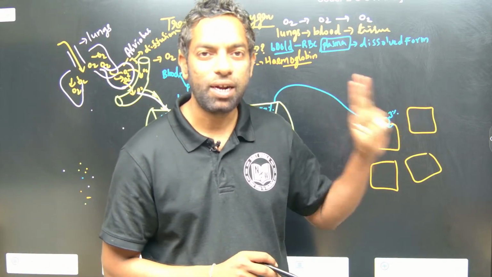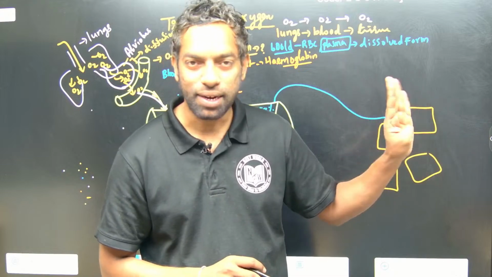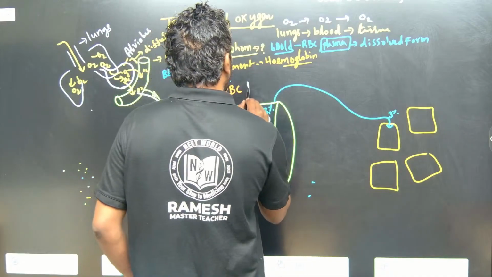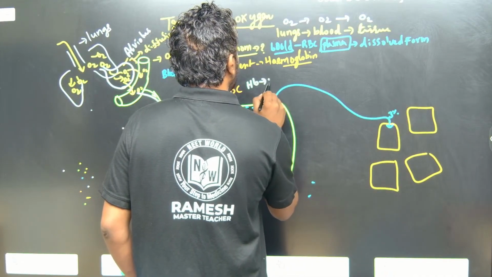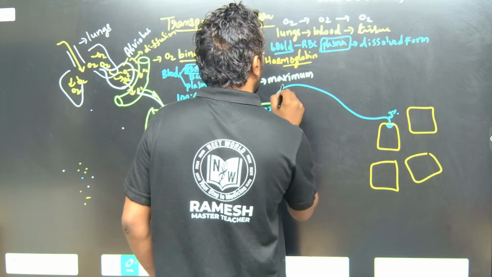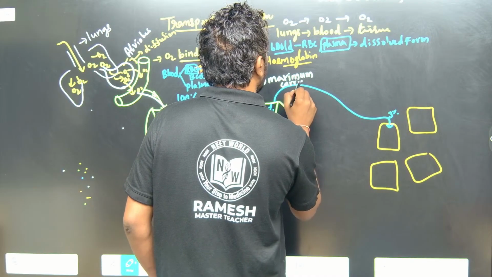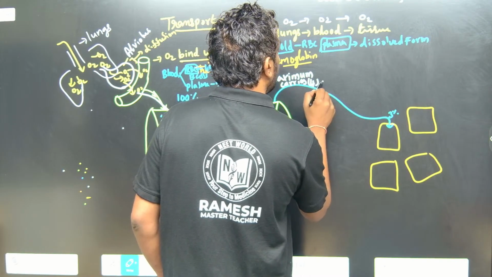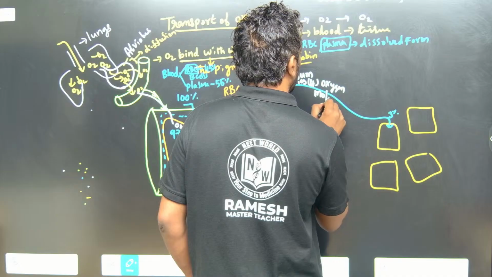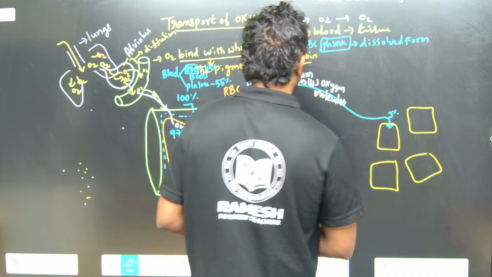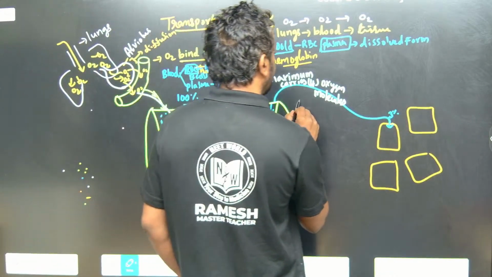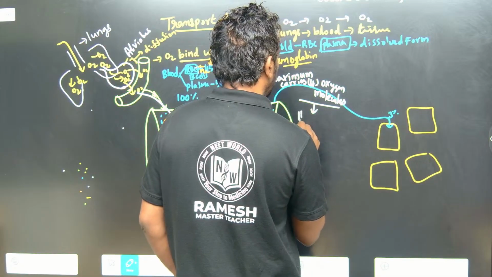So hemoglobin carries a maximum of 4 oxygen molecules through its head part.